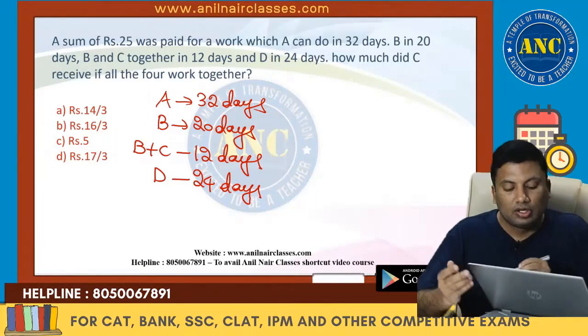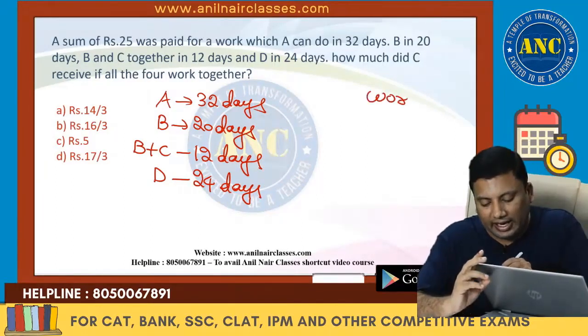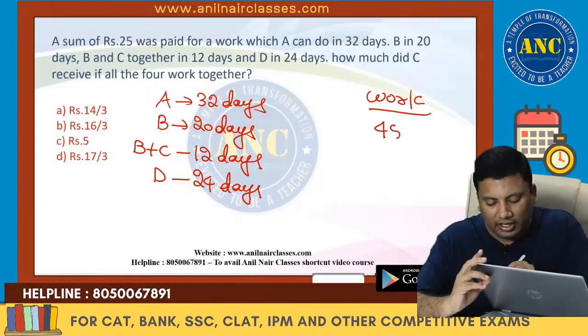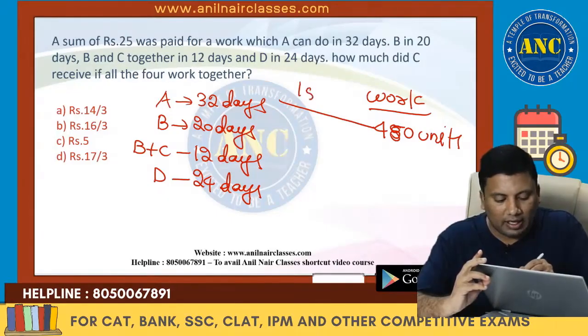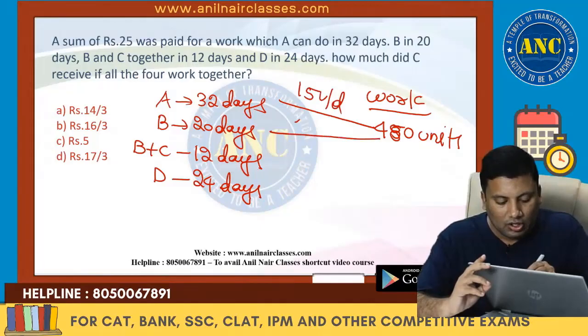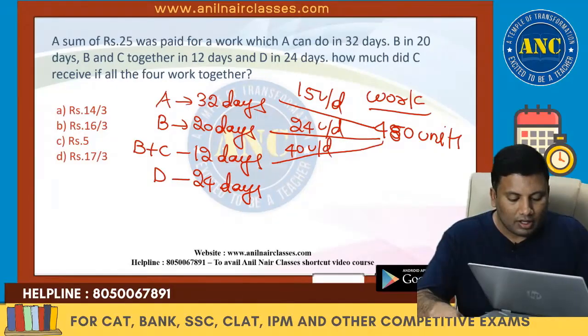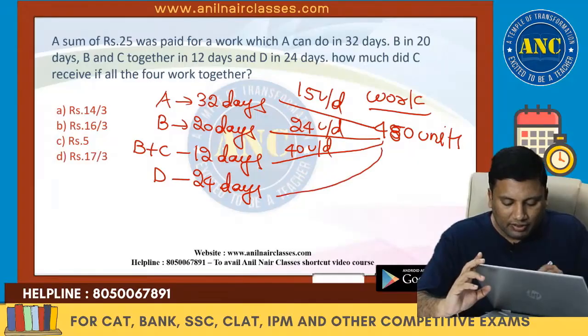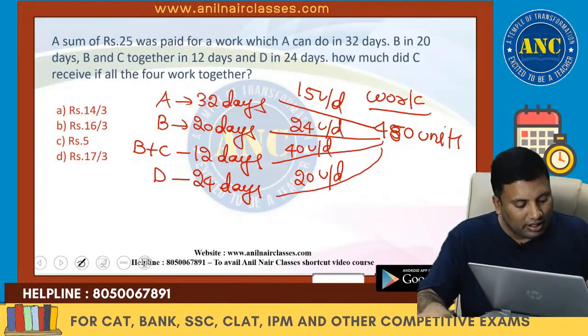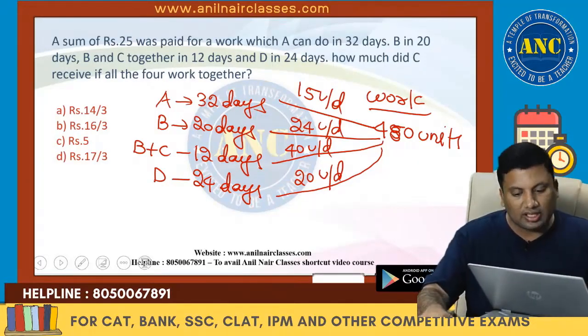So total work, if I take it as 480 units, efficiency into days is work. These are nothing but 15 units per day, 24 units per day, 40 units per day, 20 units per day. Now, what is the question that he is asking?